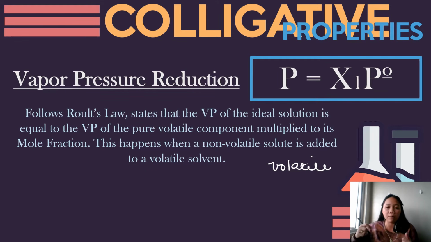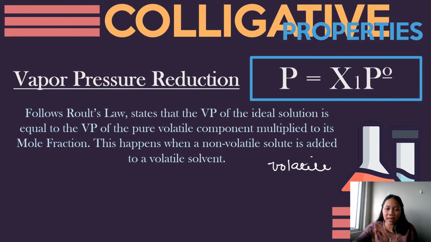A very good example of volatile compounds is acetone. If you just leave acetone there, it will take like 30 minutes for the volume of acetone to become half, or only 3/4 will remain, and so on. So that is what you mean by volatile compound.